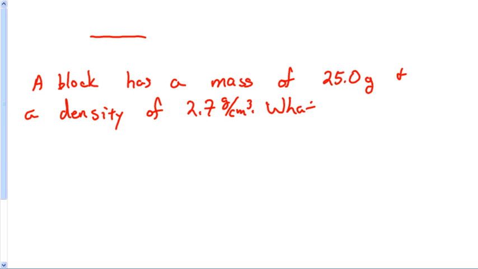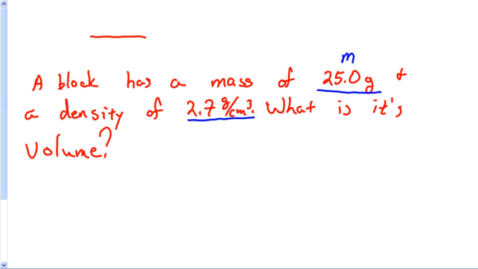What is its volume? Just read the problems. Go through. If you see 25 grams, that's a mass. If you see 2.7 grams per centimeter cubed, that's a density. And then it says, find volume.